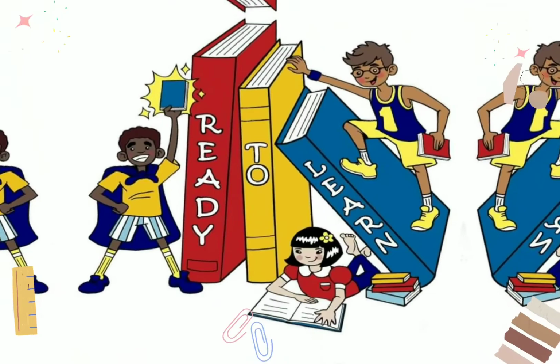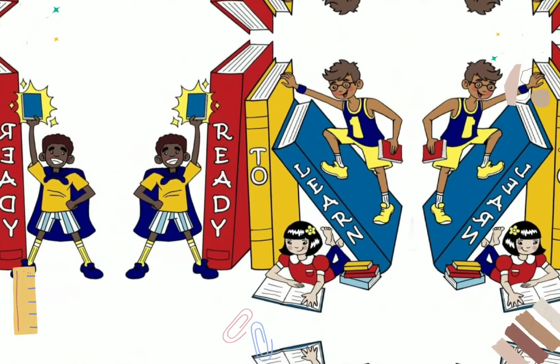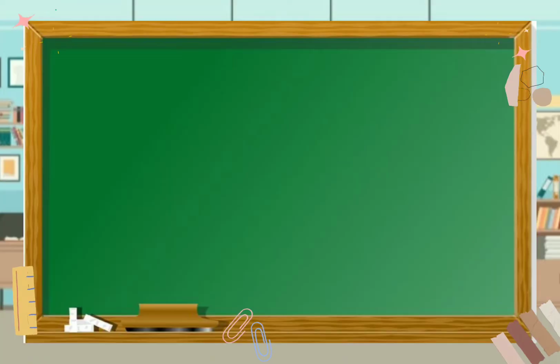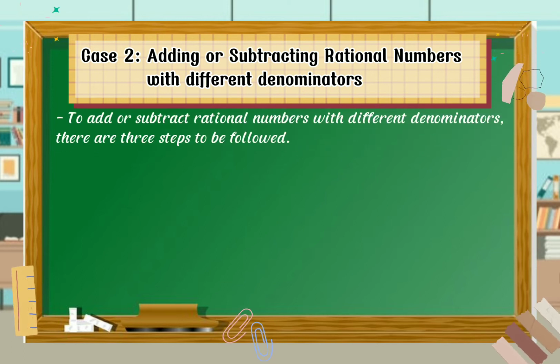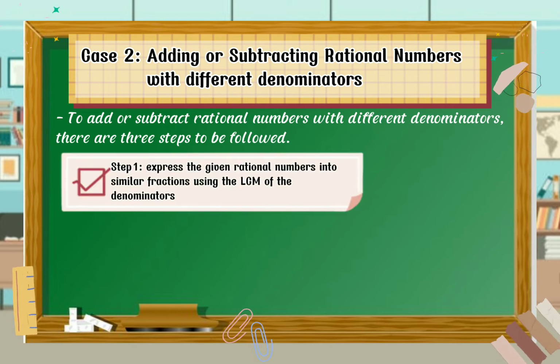Now, you are all ready to learn the second case, which is to add or subtract rational numbers with different denominators. To add or subtract rational numbers with different denominators, there are 3 steps to be considered, and these are: Step 1.